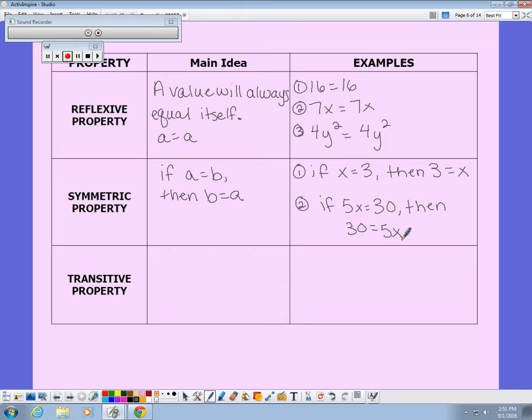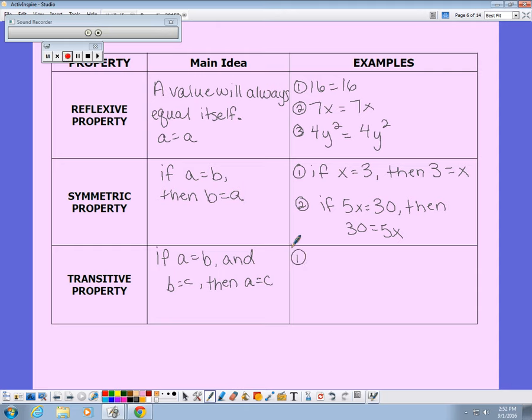And finally, we have the transitive property. This says that if A equals B and B equals C, then A also equals C. What does that look like? I know that those words are a little confusing.